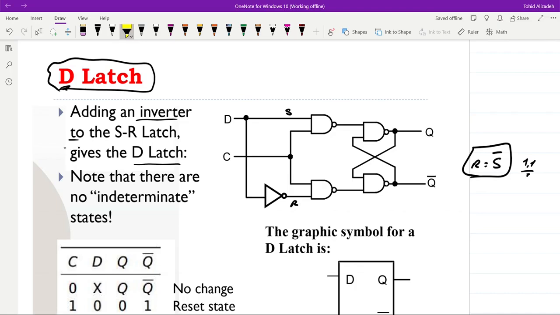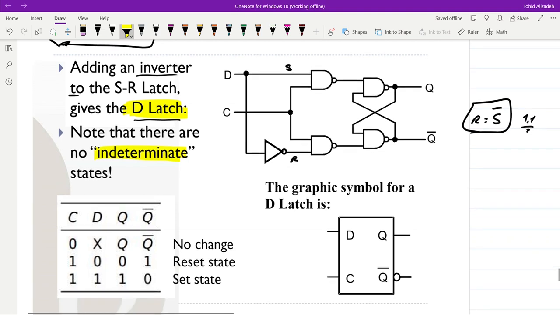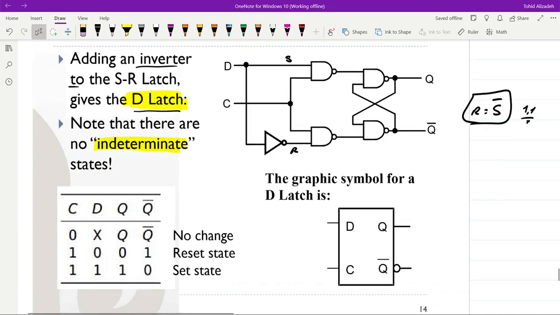Let's see how the D latch is behaving. As I mentioned, we don't have the indeterminate state. We will not have the case in which both S and R are equal to 1, and we want to set the latch and reset the latch at the same time. So let's see what happens. When C is equal to 0, there will be no change. So again, we have the clocked latch here. With C equal to 0, nothing happens.